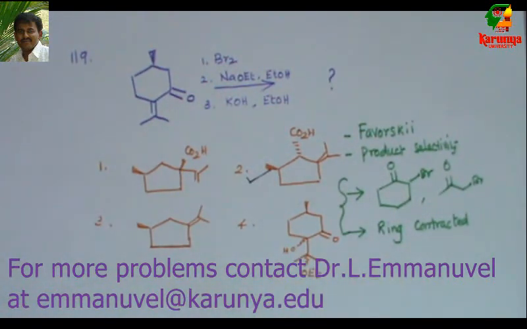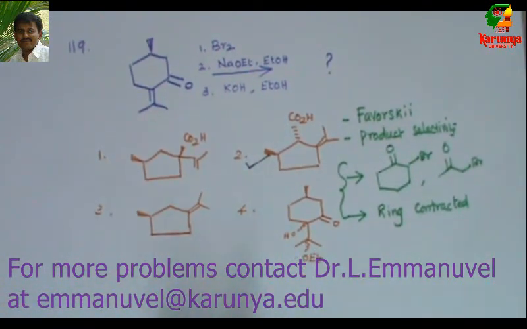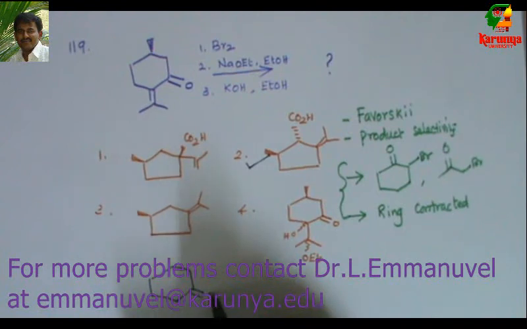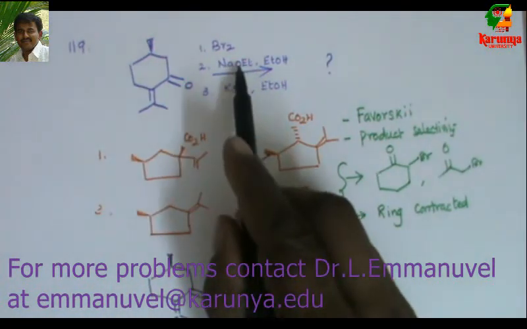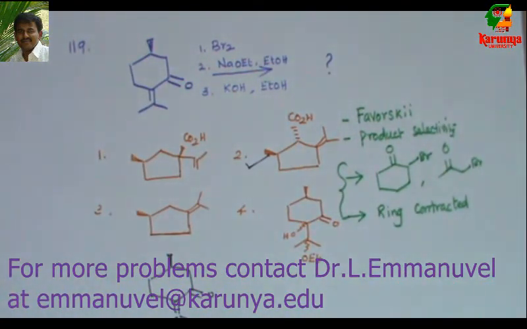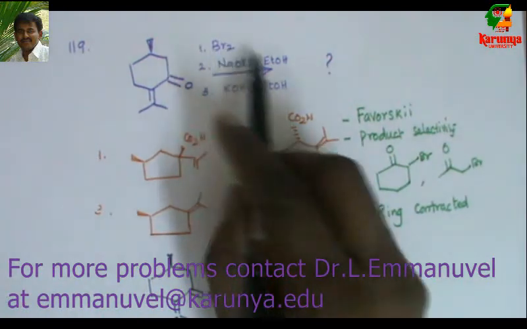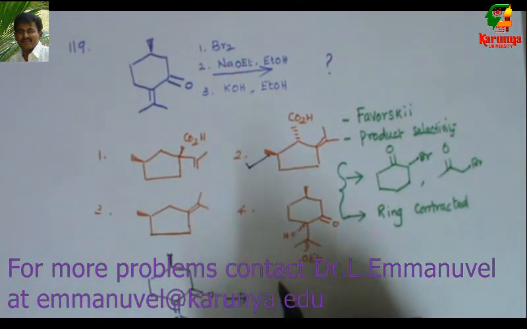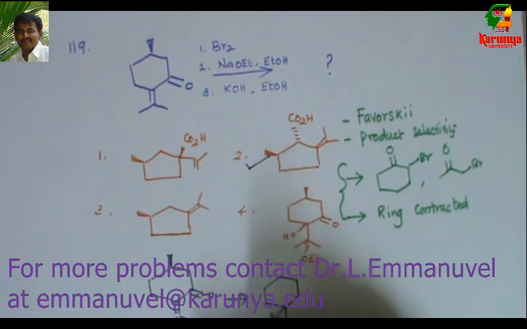What about this product? Is there any possibility to get this? Yes, it is there. When I do the bromination in the presence of ethanol, that is, I add bromine and ethanol together, then initially the bromonium ion will form here.